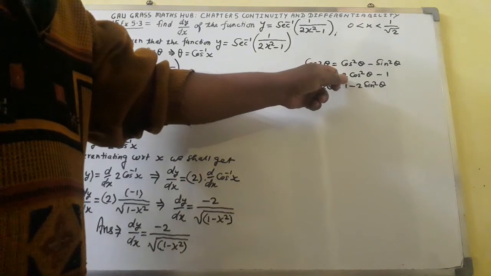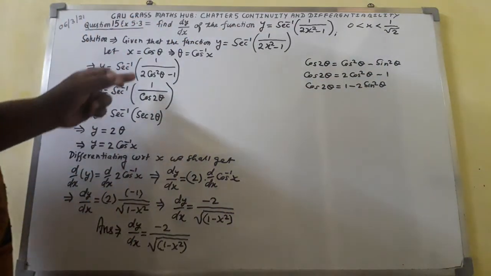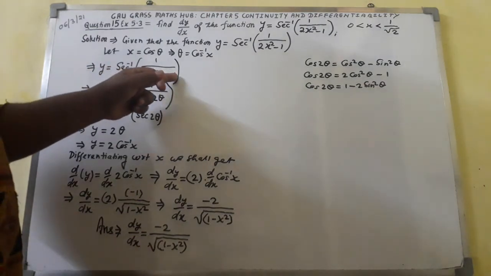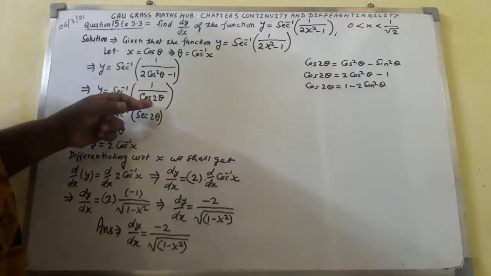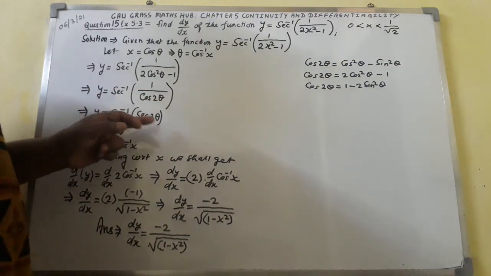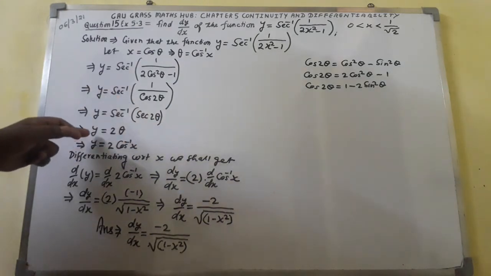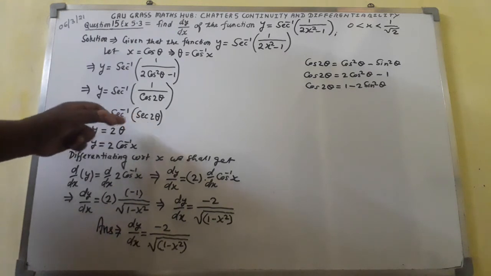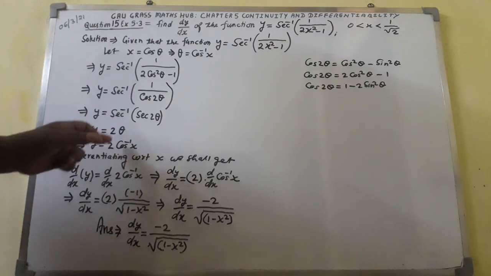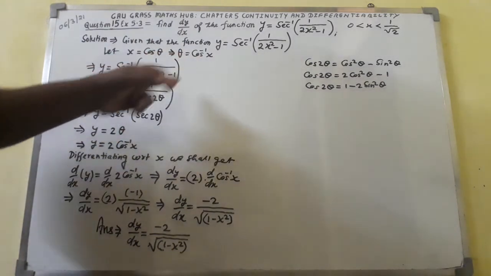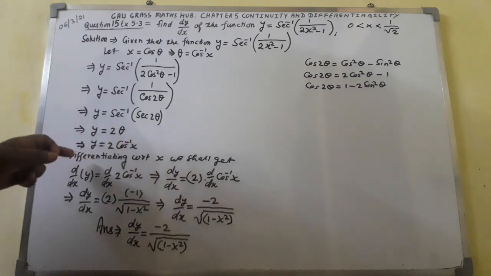Here I shall use the formula: 2 cos square theta minus 1 comes out to be cos 2 theta. 1 over cos 2 theta is sec 2 theta, so y equal to sec inverse sec 2 theta. Sec will be cancelled, so y equal to 2 theta. In place of theta I shall write cos inverse x, so y equal to 2 cos inverse x.